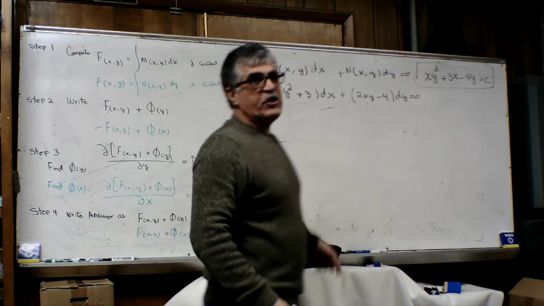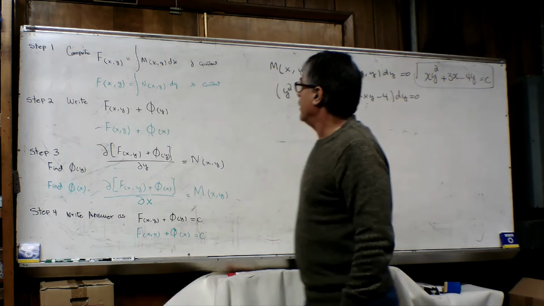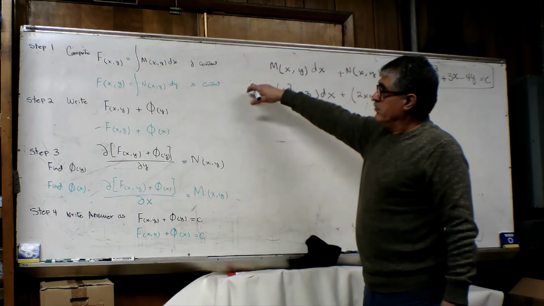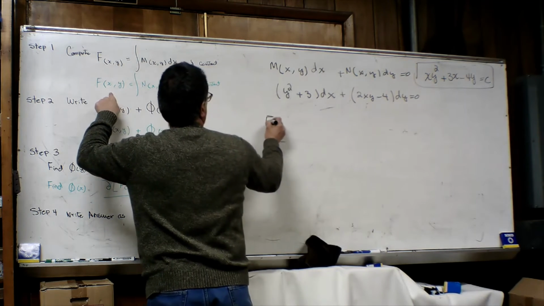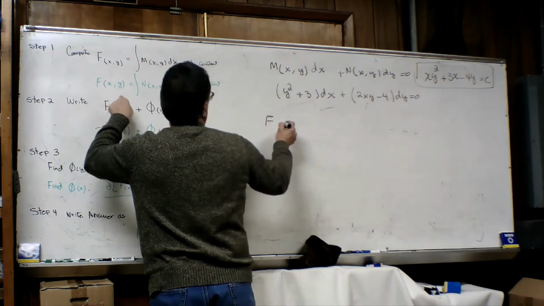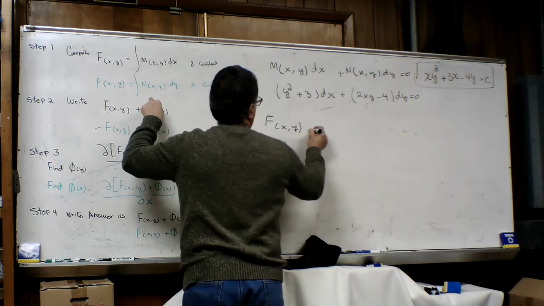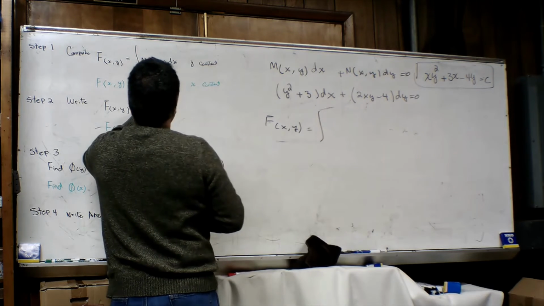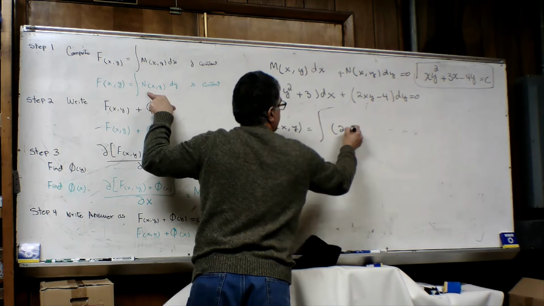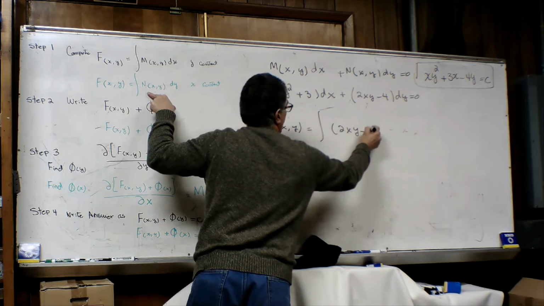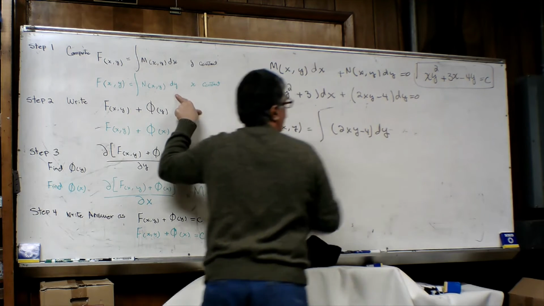Now, let's use the second method. Let's use the green method. Step 1 is to compute f as a function of x and y by integrating N, which is 2xy minus 4, with respect to y.